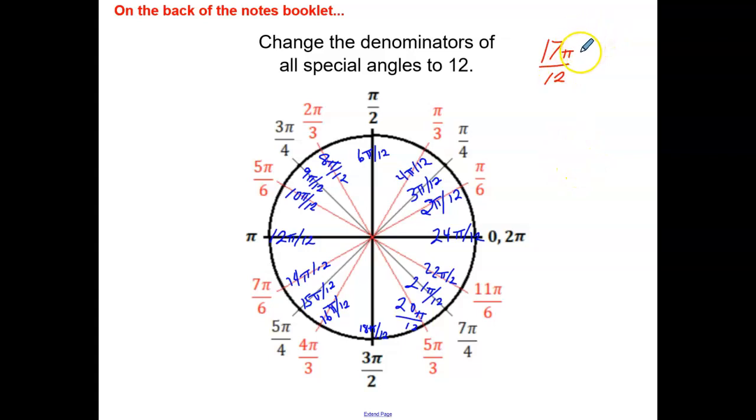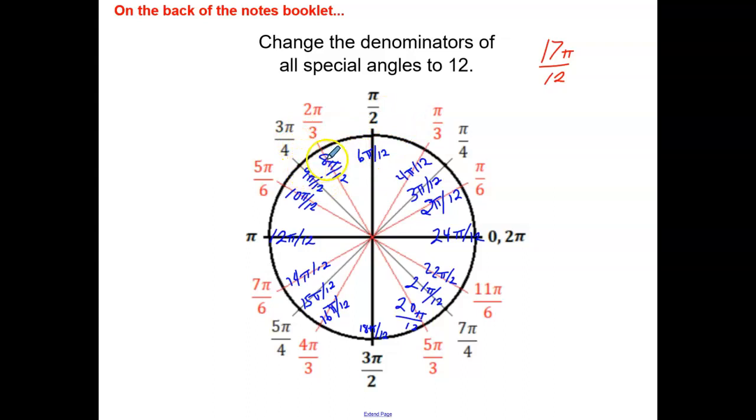So 17 would be 10 plus 7. Here's 10 pi over 12, but we don't know a value for 7 pi over 12. So 10 plus 7 wouldn't be a helpful way to break this down.